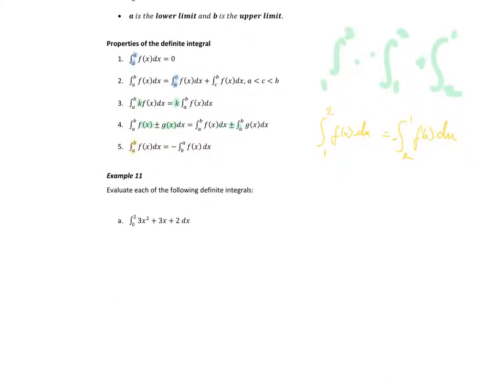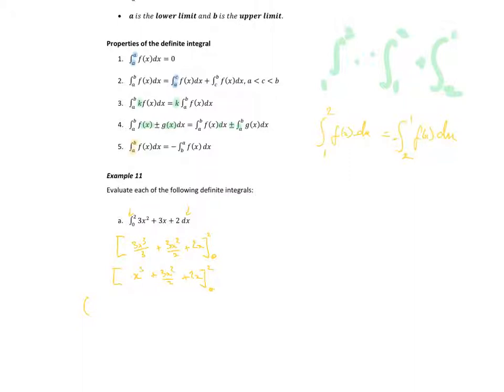So step 1 is we need to work out an antiderivative. So 3x to the 3 on 3, plus 3x to the 2 on 2, plus 2x, evaluated between 2 and 0. Once we work out our antiderivative, the dx symbol goes, the integral sign goes. Perhaps before I work it out, 3 on 3 is the same as 1, so x cubed plus 3x squared on 2 plus 2x.